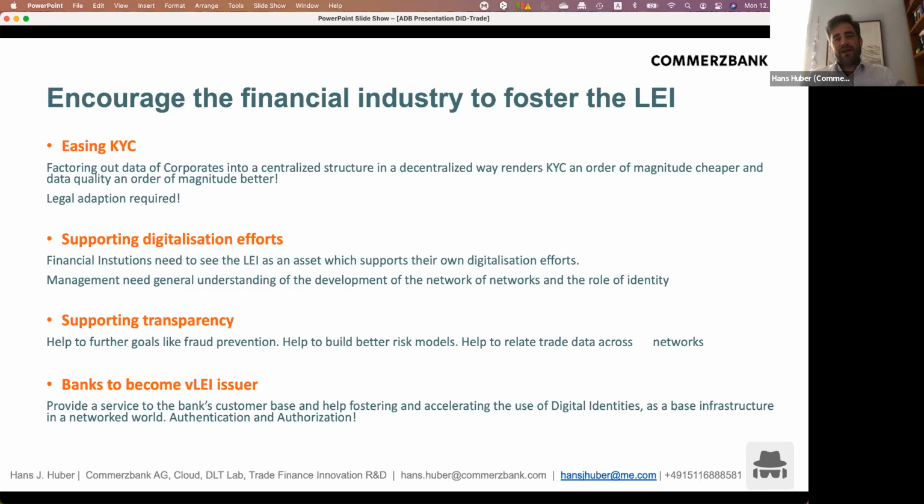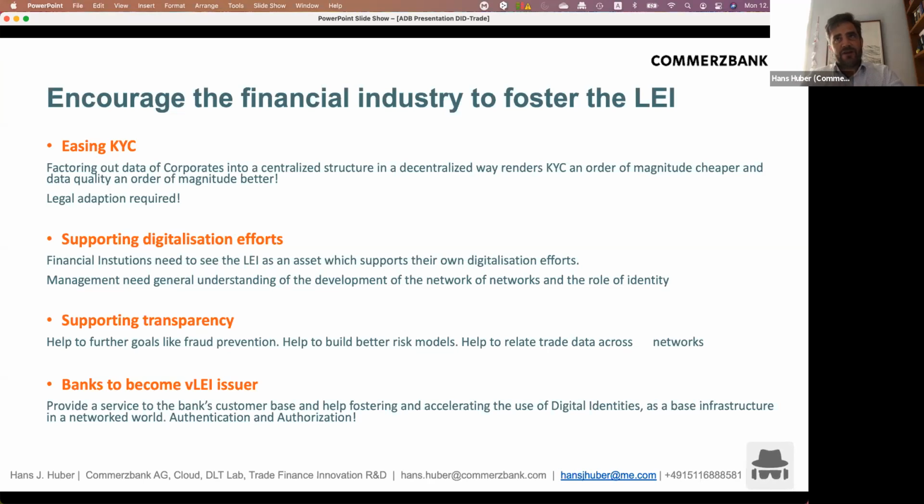The world is craving a better solution, which keeps data in a centralized way, in probably a decentralized structure. That would make KYC an order of magnitude cheaper, and the data quality probably also an order of magnitude better. You don't need to sell that.